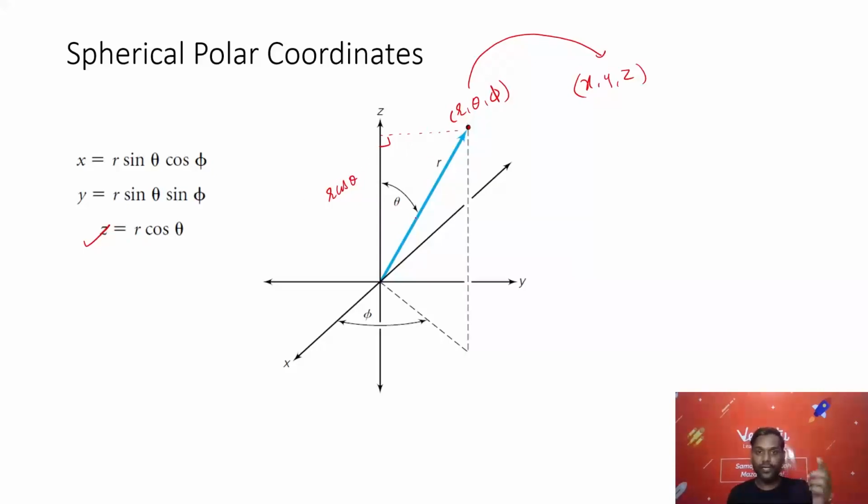If you take the projection of that line on the xy plane, the length of that projection would be r sin theta. And to get the y and x coordinates, let us drop the perpendicular from this point on the y-axis and x-axis. From this, we get y as r sin theta sin phi, and x as r sin theta cos phi. Okay, x is r sin theta cos phi, y is r sin theta sin phi, and z is equal to r cos theta.